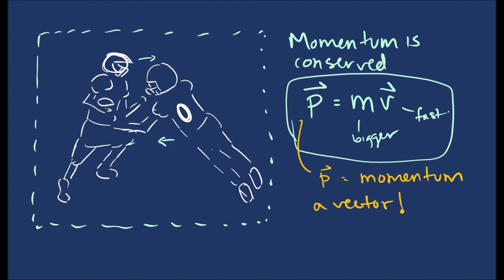The momentum vector points in the direction of the velocity of the object. This is specifically linear momentum. If you hear the word momentum, it's assumed we're talking about linear momentum as opposed to angular momentum, which we might later touch on in this class. But for now, we're just going to call this momentum.